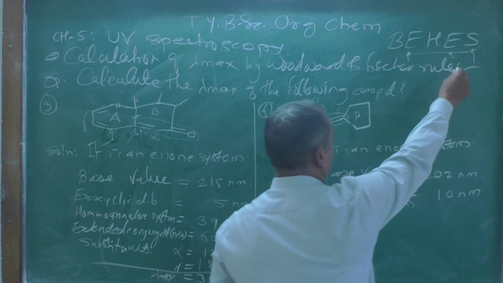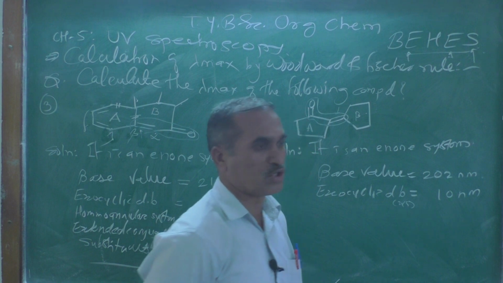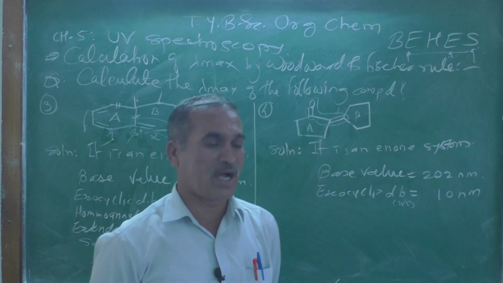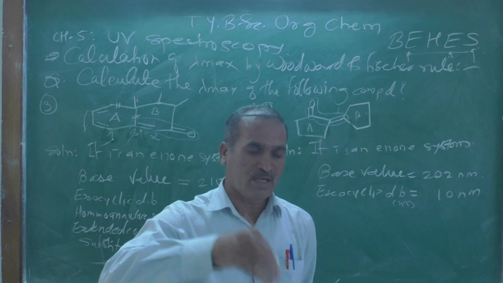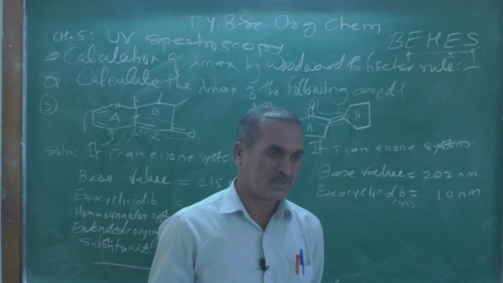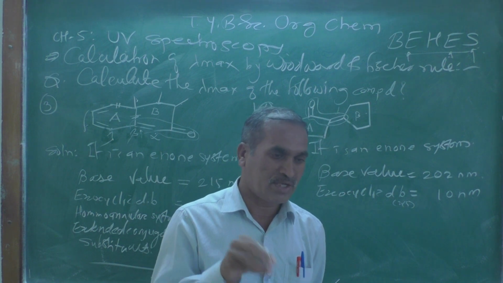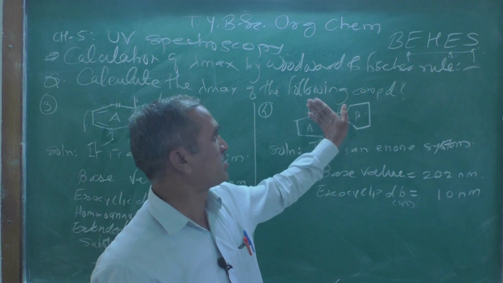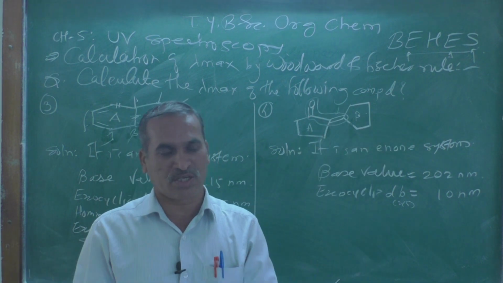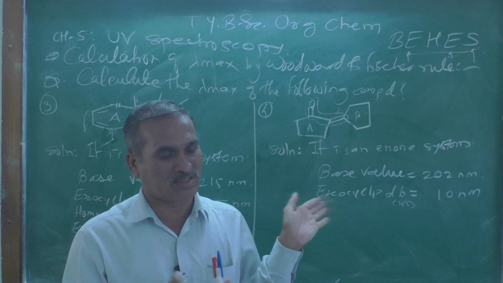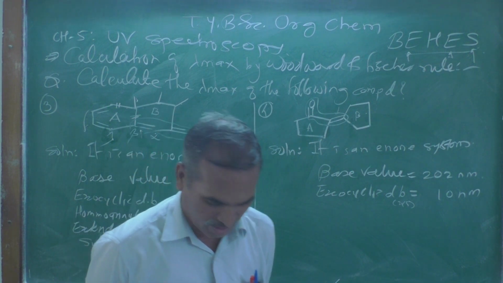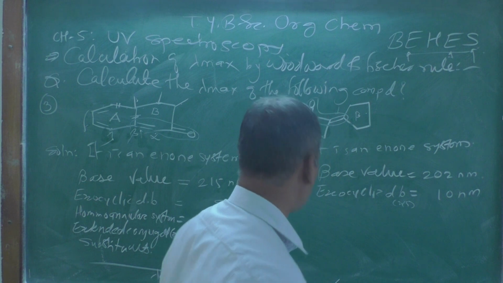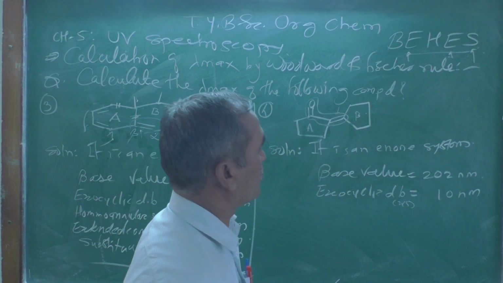Now again, E means extended conjugation. Does this molecule have extended conjugation? No, only the enone system is there. There is no extra double bond in this case, and therefore no extended conjugation is present over here.